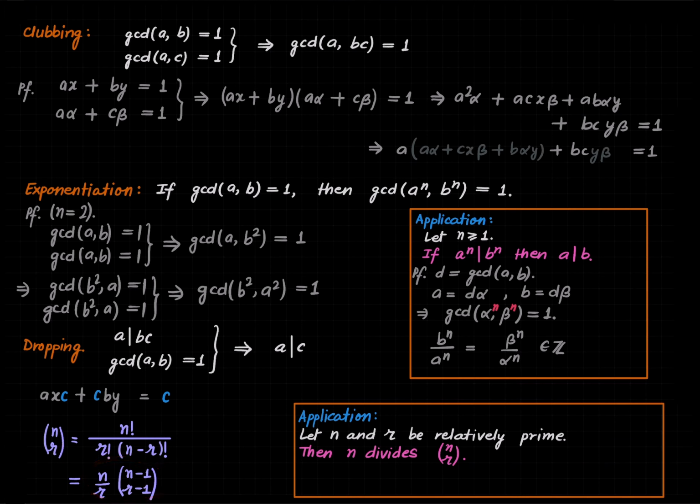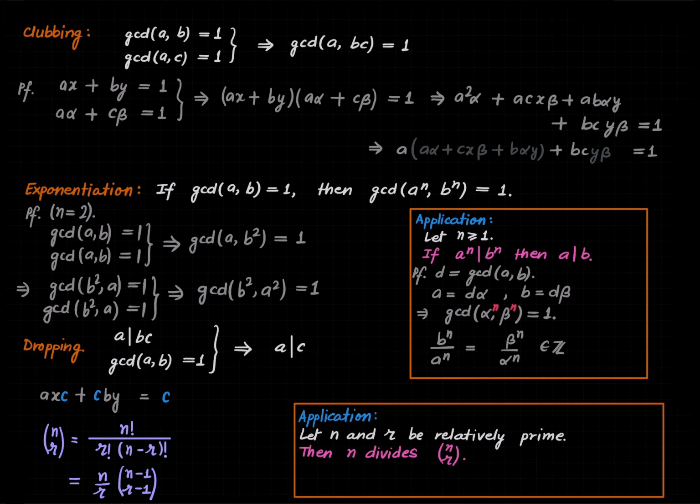But what are we given? We are given that n and r are relatively prime. So, since this is an integer, it means that r divides the product of n and n minus 1 choose r minus 1. Actually, I don't want to do it this way. This is correct, but this is not what I wanted to say.